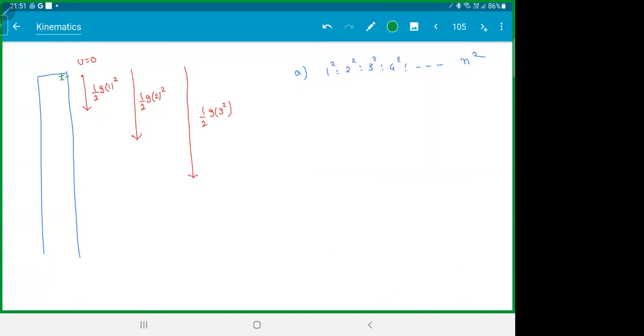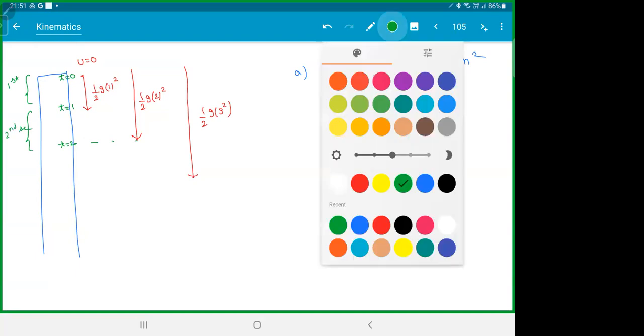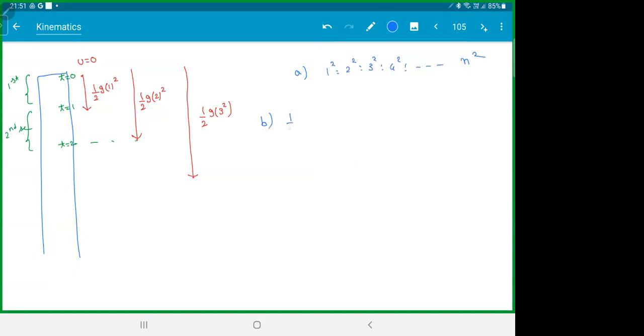Now this is t equal to 0 to t equal to 1, and this is t equal to 2. So this would be your first second, and this would be your second. For the second part, the answer would be half g 1 squared is to half g (2 squared minus 1 squared) is to half g (3 squared minus 2 squared), and so on. This would be 1 is to 3 is to 5 is to 7, and so on, odd numbers.